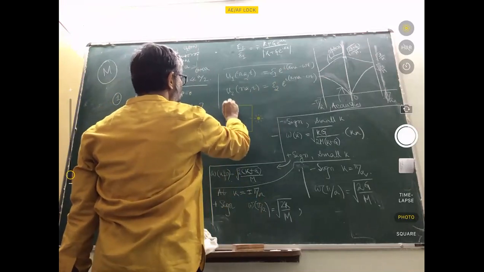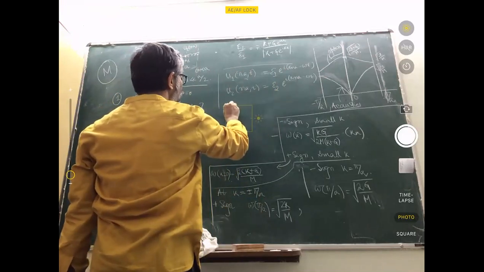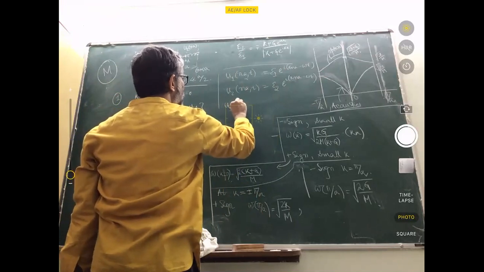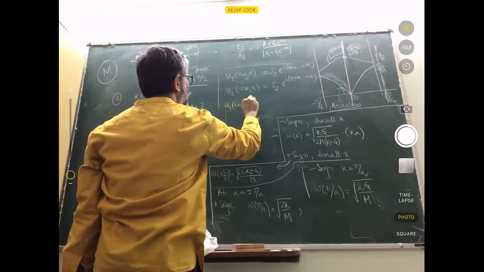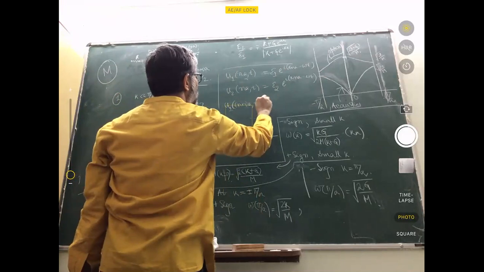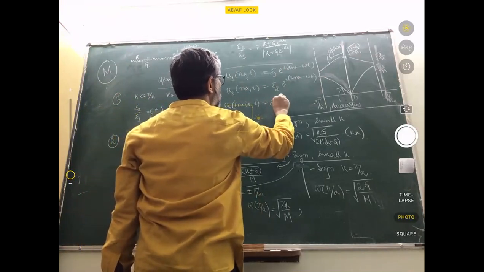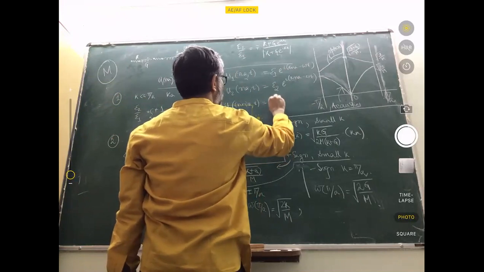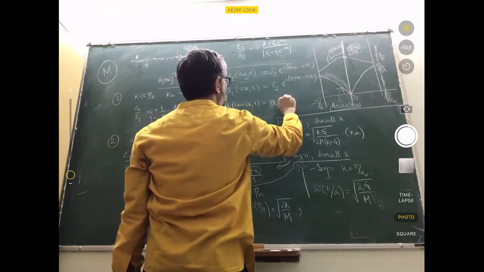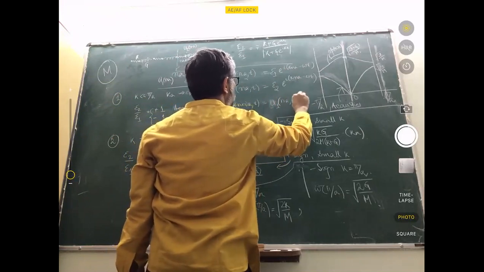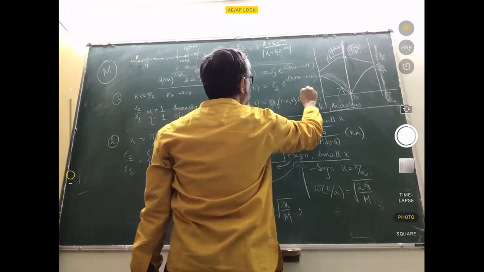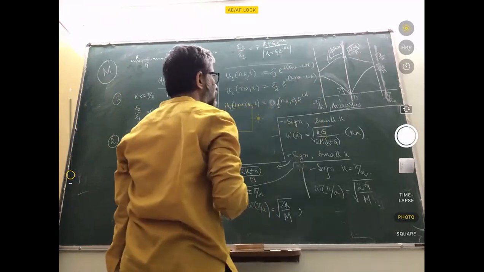So I can take any one, u1 at n plus 1, you pick up an additional phase, which is ka.